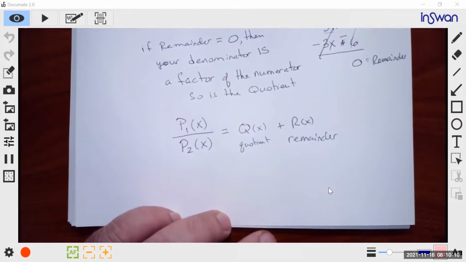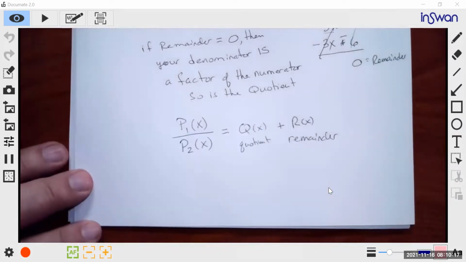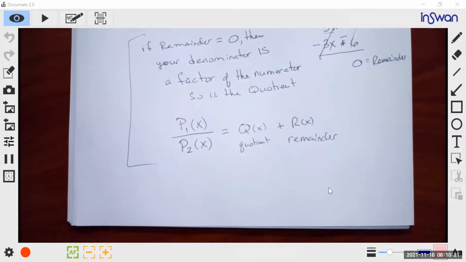The remainder can be 0 or something else. So this is the remainder theorem. Let's look at some more examples here.